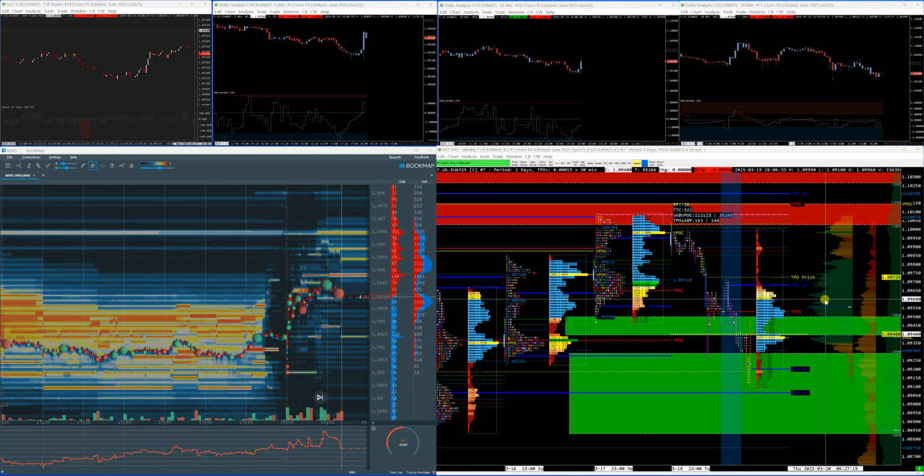And if you draw your zones well and you pay attention to the microstructure, i.e. the volume profile and the TPO, and perhaps even the footprint, if you want to be very, very granular, you find that sometimes it's very, very precise, at least as precise as anything else you can possibly think of.